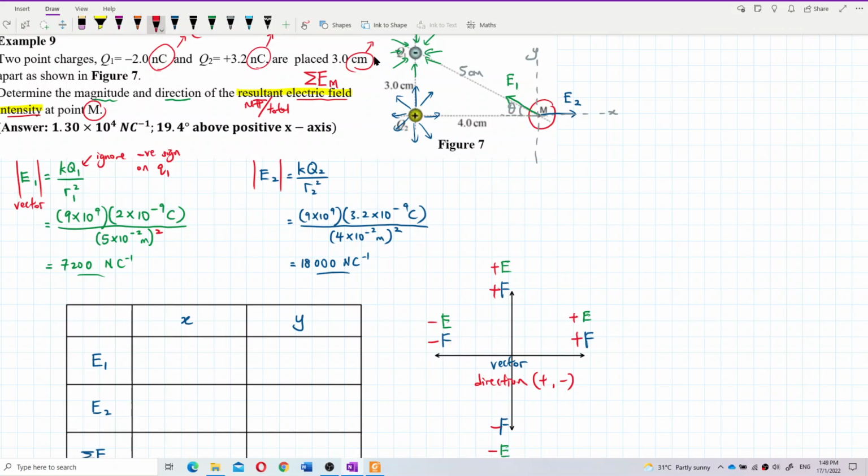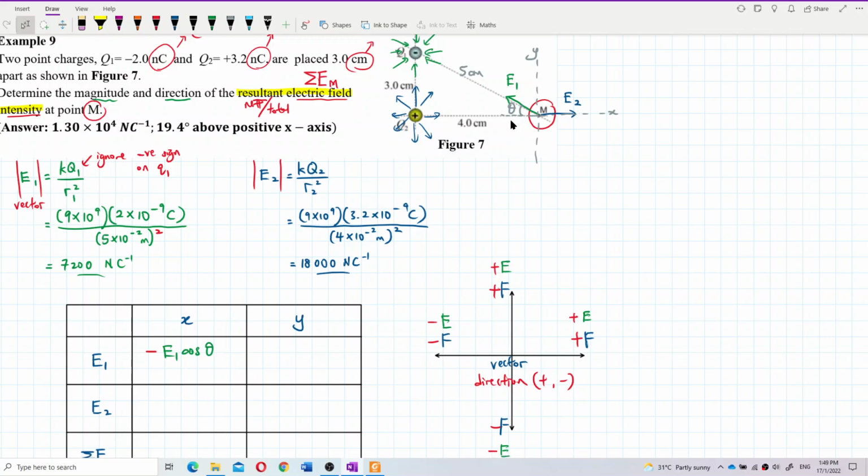So the x component of E1 is negative because it's going to the left. How to find the x component? It is adjacent to the angle theta, so we just put cosine theta.